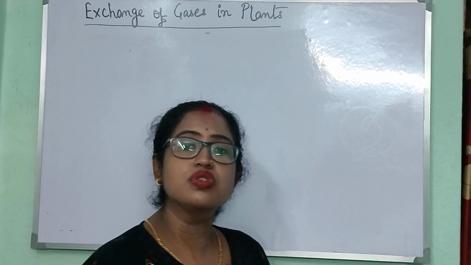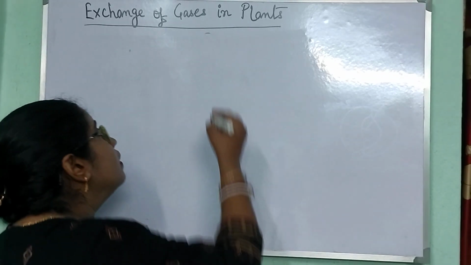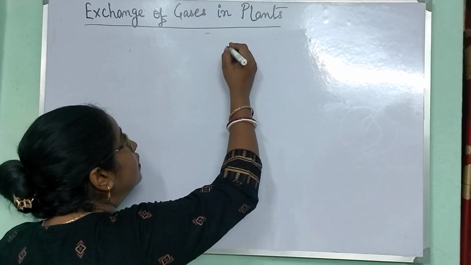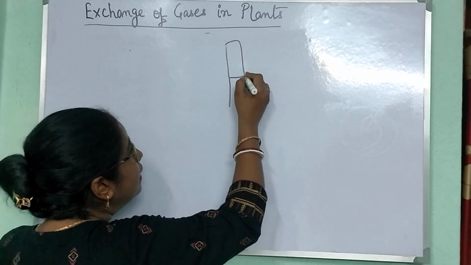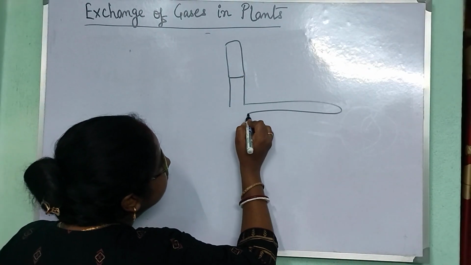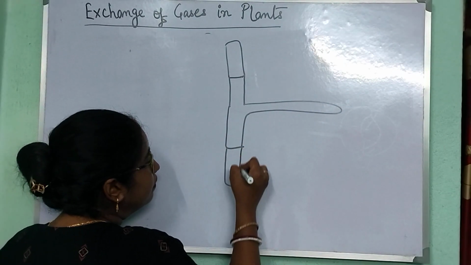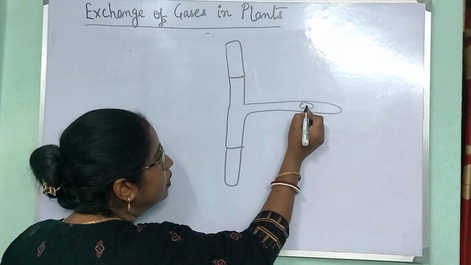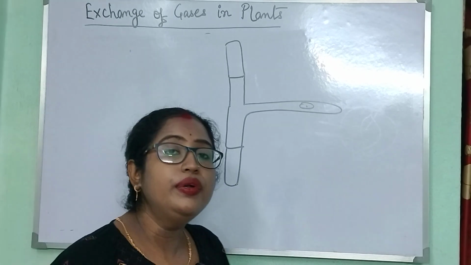So, root also have the epidermal cell in its outer surface. In root hair region, the epidermal cell have finger-like projections like this. Finger-like projections known as root hair.